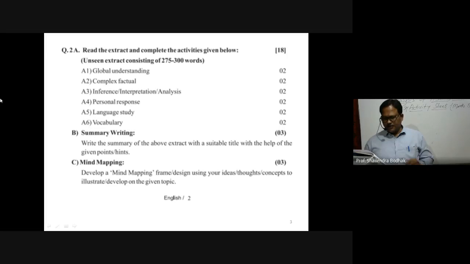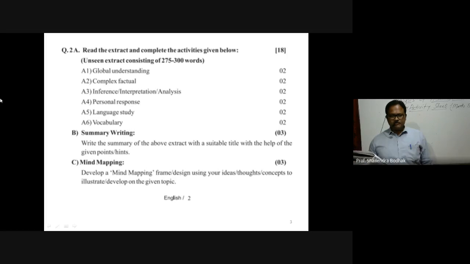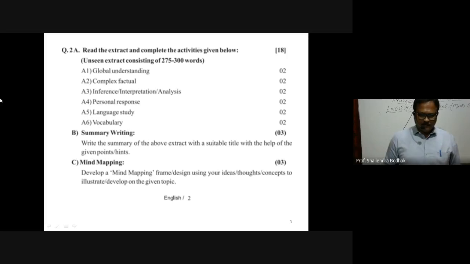Sequence data in order. If you sequence the data information in order, brain becomes happy. Your brain becomes happy when you provide information in the form of mind map. So mind mapping helps brain to store information in a radiant manner, and it helps brain to unlock its potential.